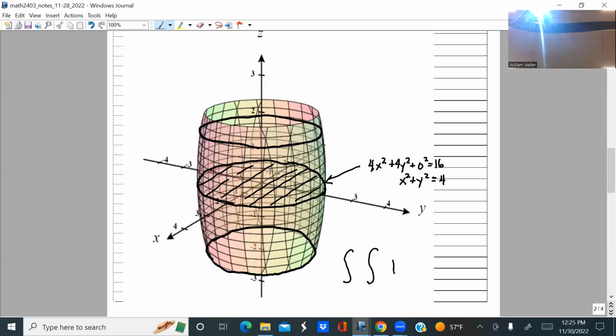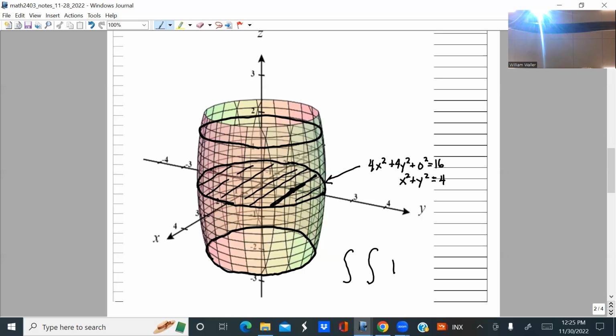So how do we describe that region of integration? How do you want to do it? Do you want to fix an x value first, or a y value first? Let's fix a y value first. Let's just choose a specific y value.